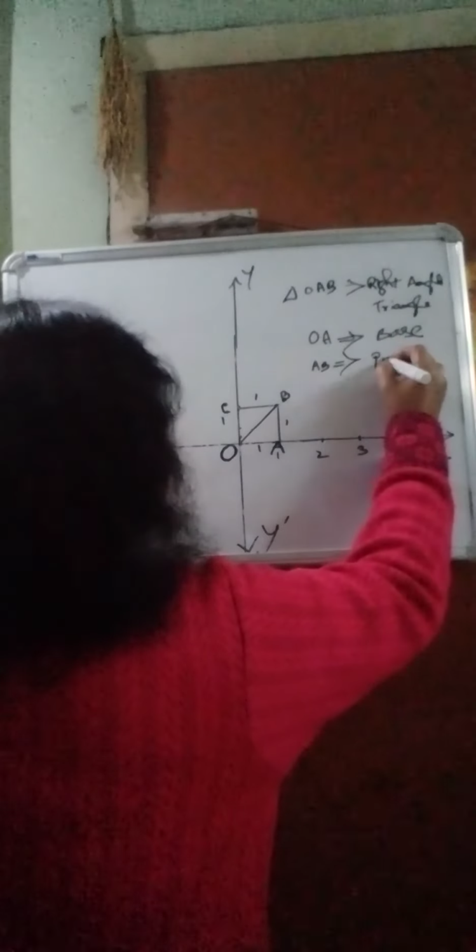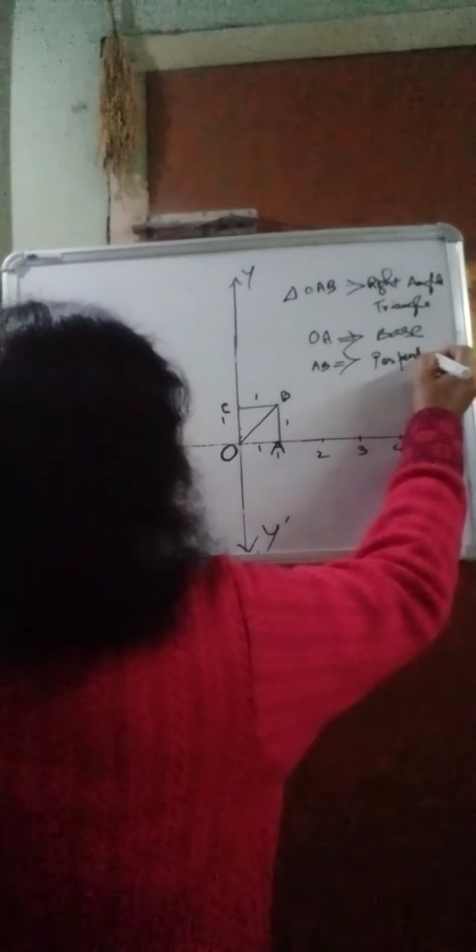You see here, OAB is a right angle triangle, where OA is the base, AB is the perpendicular to the base OA, and OB is the hypotenuse.